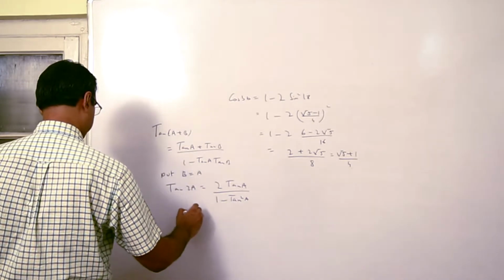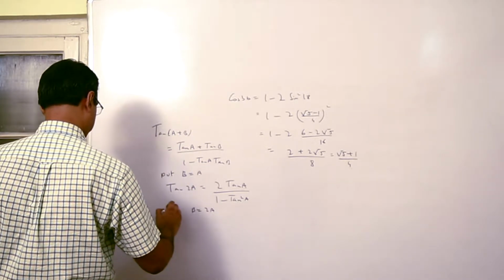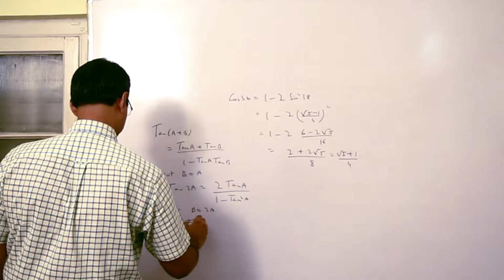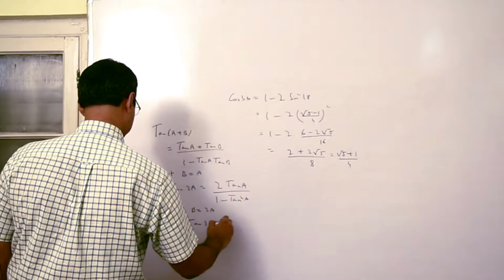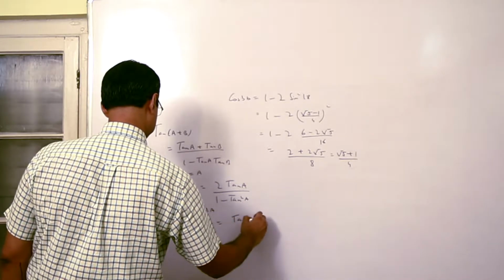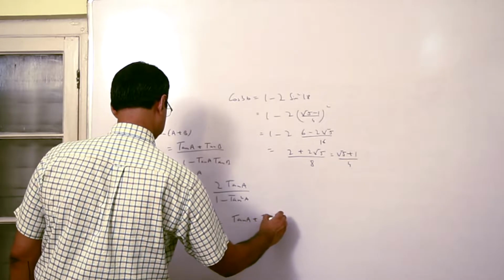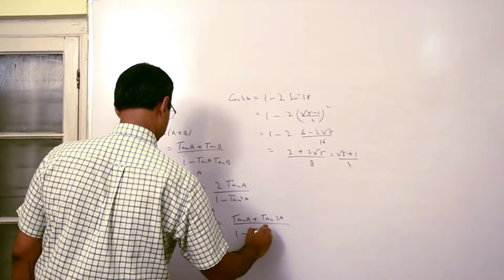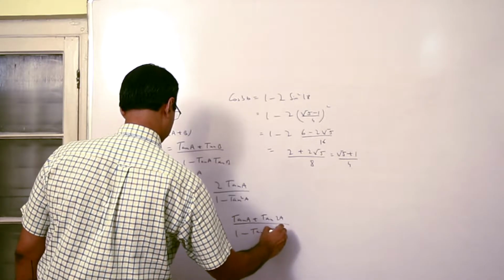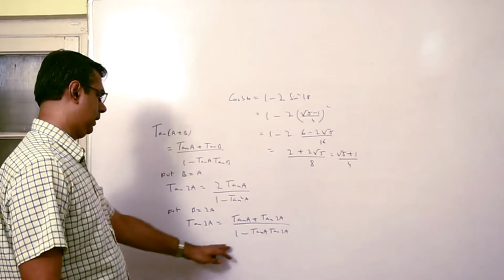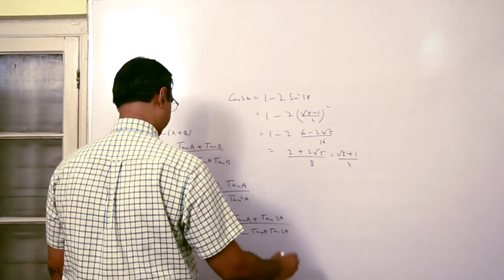Now if you put B equal to 2A, then you will get tan 3A is tan A plus tan 2A by 1 minus tan A into tan 2A.